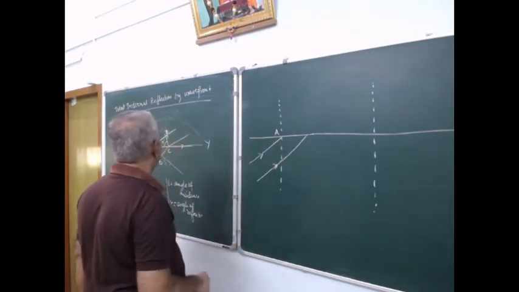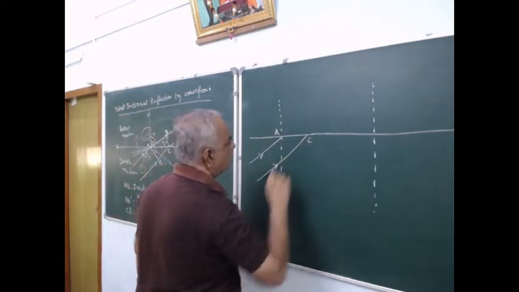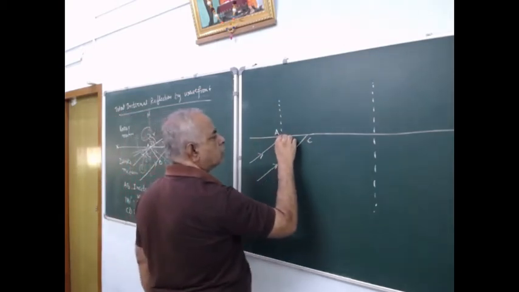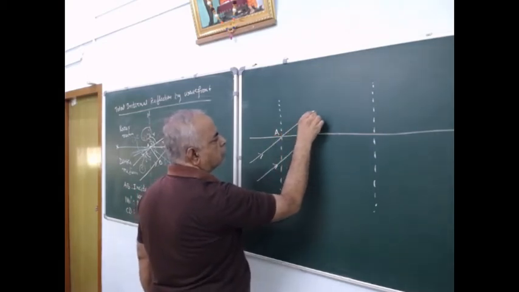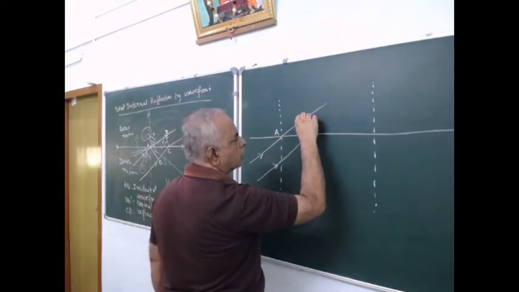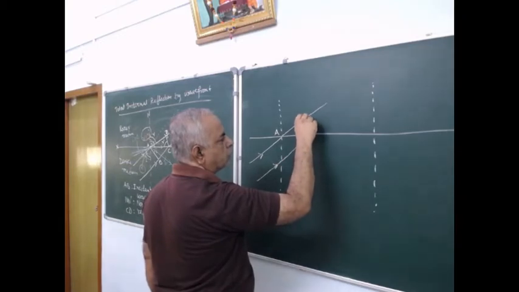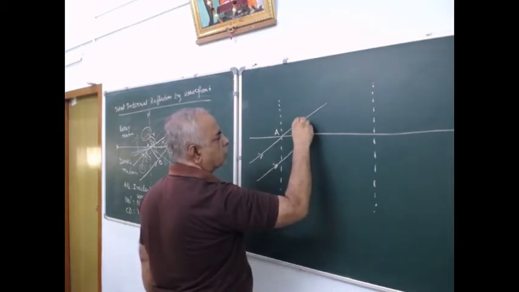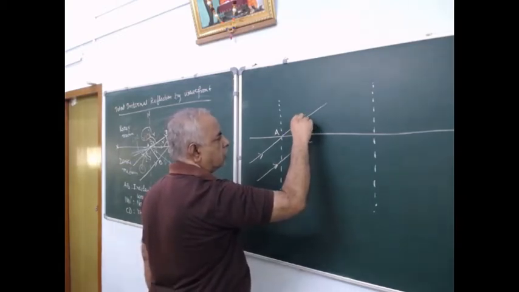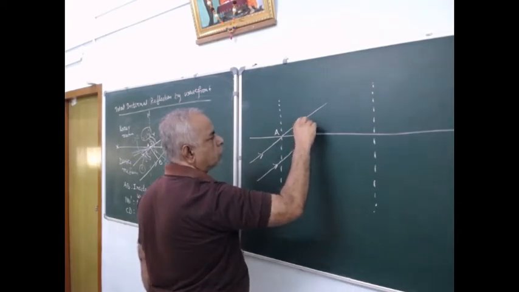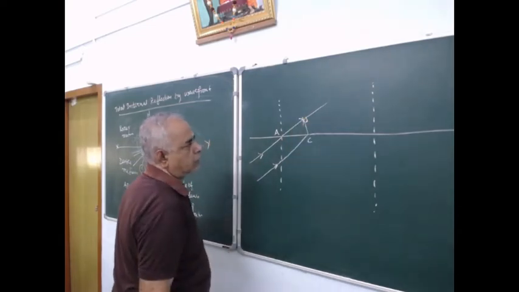A and C. Now it gets deviated like this, and you have to consider the secondary wavelet, okay, and that can be 90 degrees, so the tangent is 90.